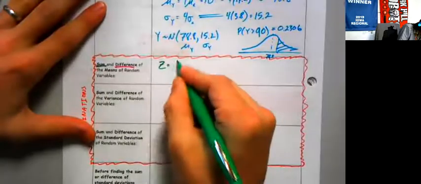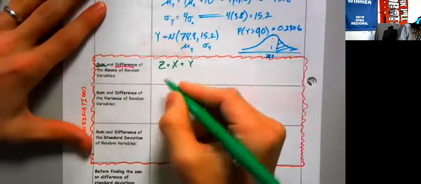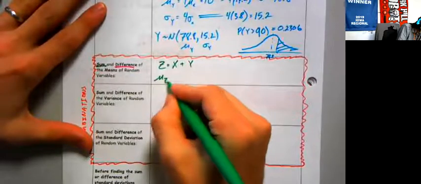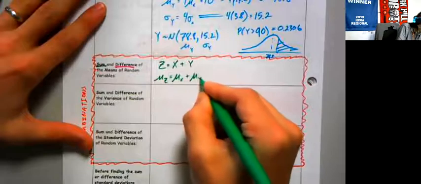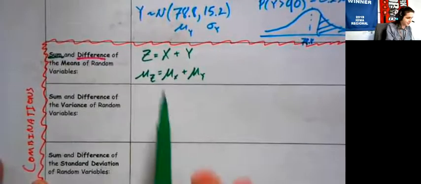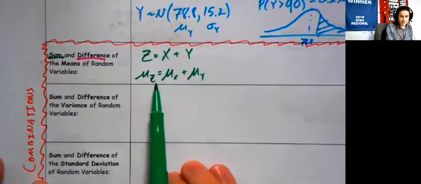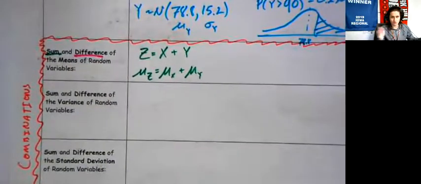If you have z equals x plus y, the mean of z is going to be the mean of x plus the mean of y. Okay, you're adding 2 random variables together. Listen to this, maybe write it down. The mean of the sum is the sum of the means. Great. The mean of the sum is the sum of the means.